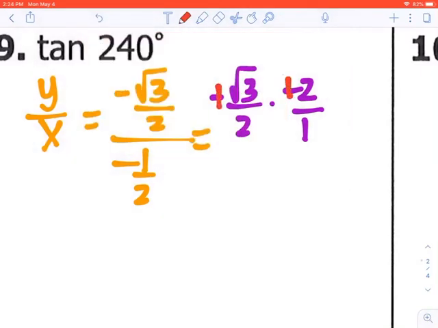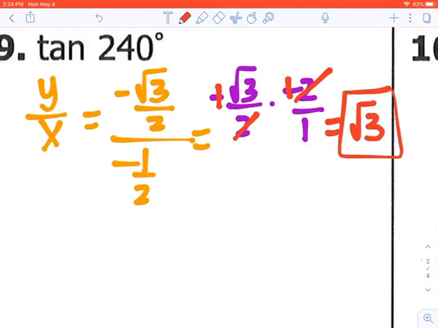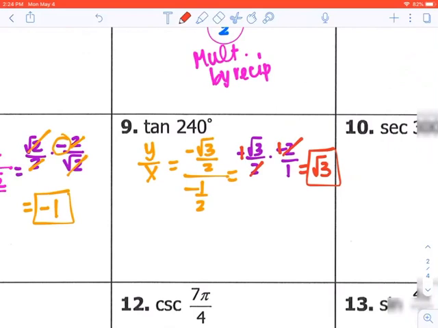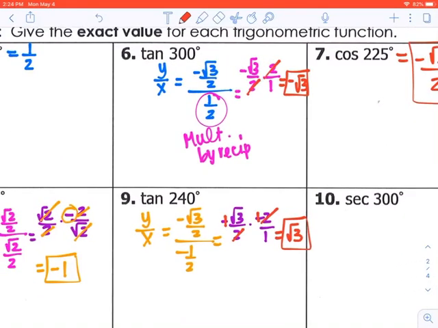These two negatives make a positive. The 2 divided by 2 is 1, and I'm just left with a positive root 3 over 1, which is just root 3. Again, notice it's a similar answer as tangent of 300 degrees, because they are both 60-degree reference angles. The only difference is it was a different quadrant, which makes x's positive or negative depending on where you are. Okay?